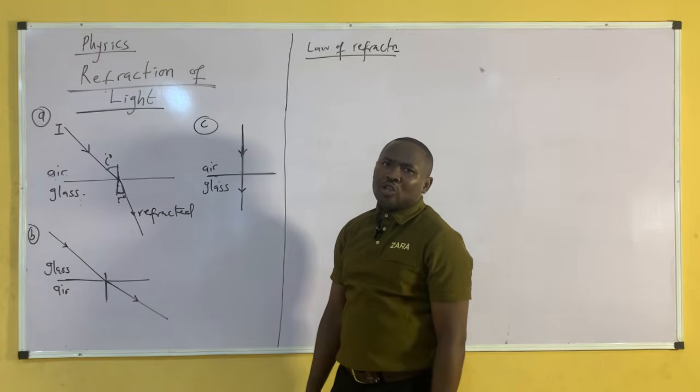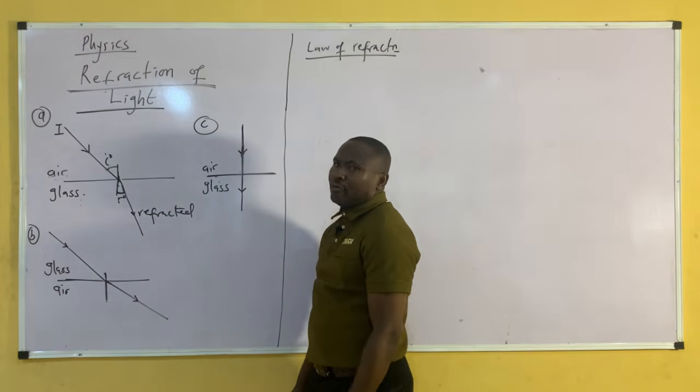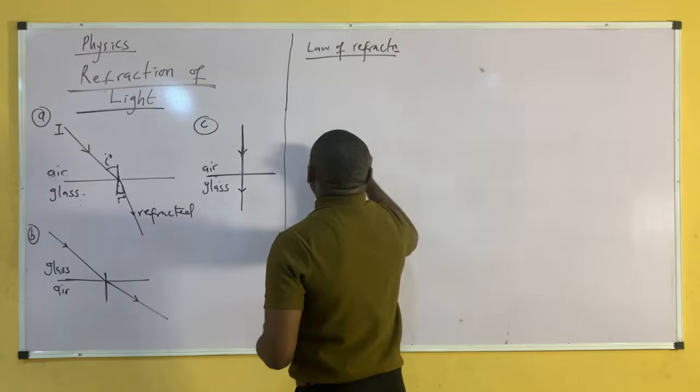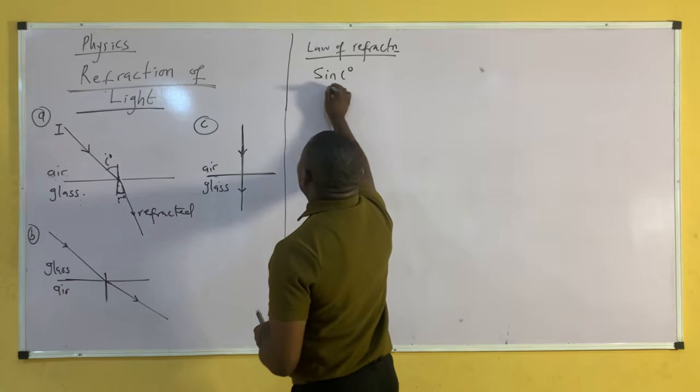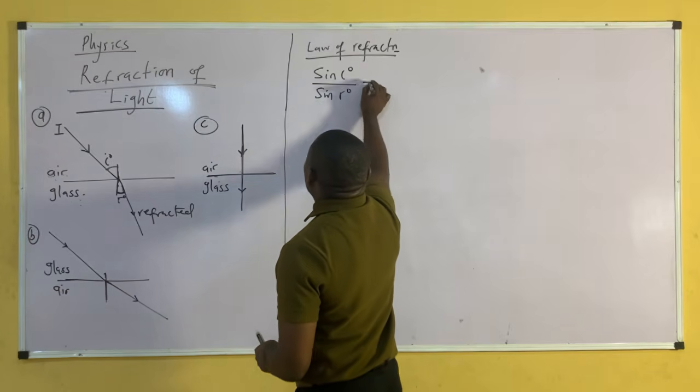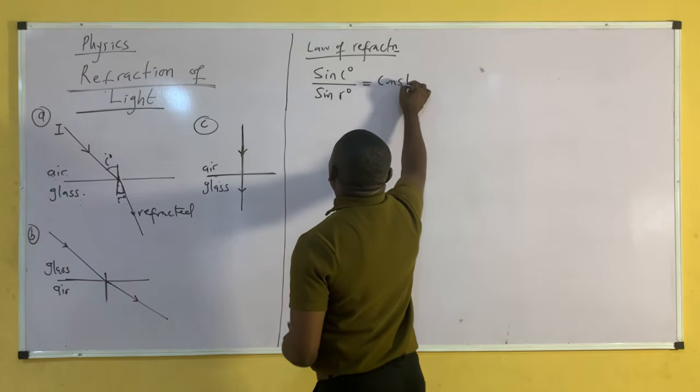Then what is the next law of refraction? The second law of refraction states that the ratio of the sine of the angle of incidence to the sine of the angle of refraction is equal to a constant.